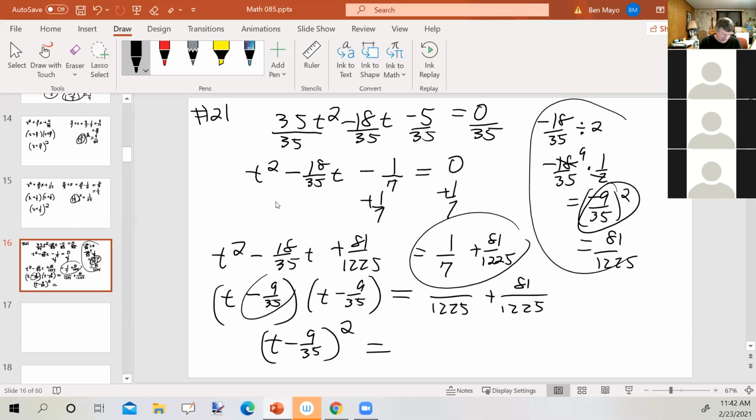Let's see. If I take 1225 divided by 7, I get 175. So that means going the other direction, I need to multiply by 175 over 175, which gives me 175 over 1225 plus 81 over 1225, which gives me 256 over 1225.